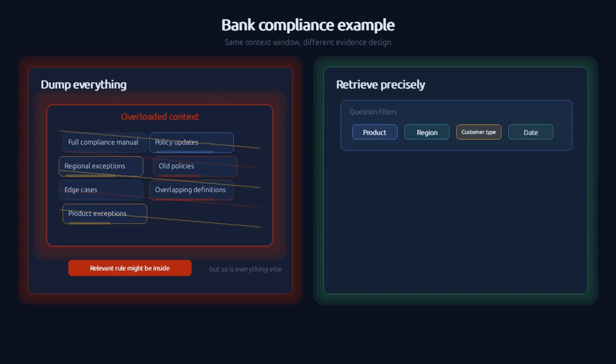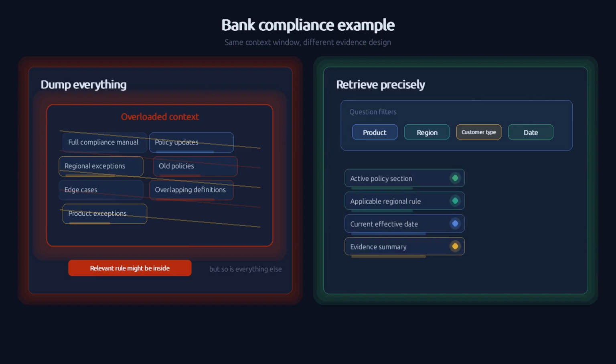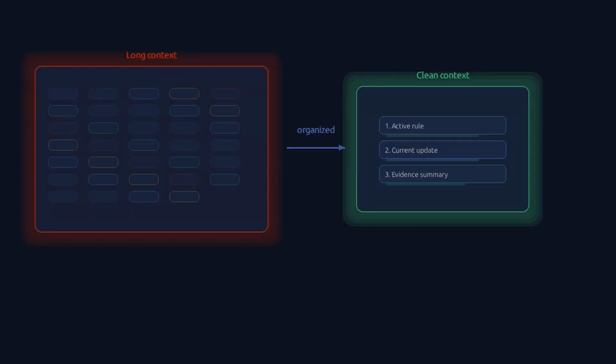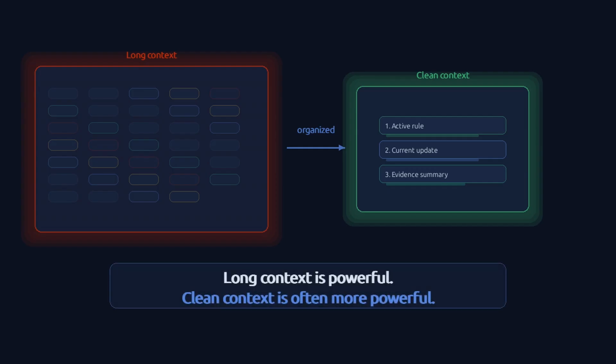A better approach is to retrieve the relevant policy sections for the exact product, the region, the customer type, and the date. And then the model answers from a smaller set of evidence. The context window is still useful, but it's being used carefully. So the idea here is that long context is powerful, but clean context is often more powerful.